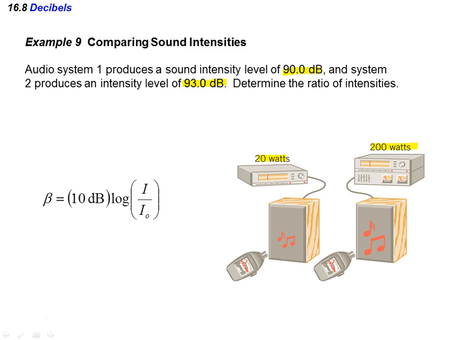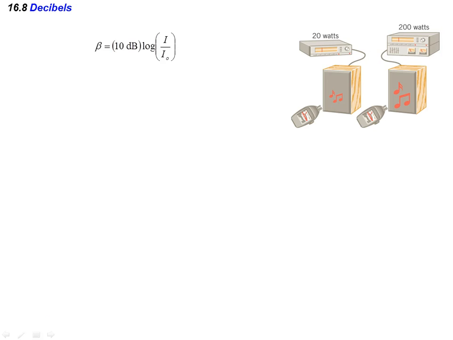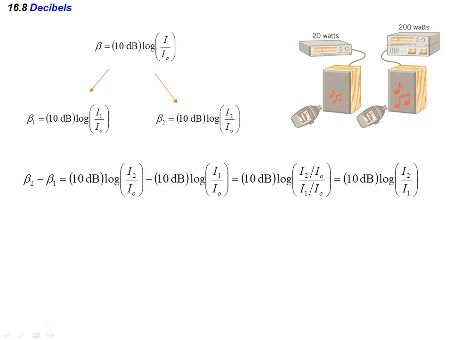So if we use the decibel equation here, we know that the ratio of intensities is going to come into play when we want to find the scale. Let's find the intensity of each of these two systems using this equation. We're going to look at system 1 and system 2, and find the intensity of 1 and the intensity of 2.